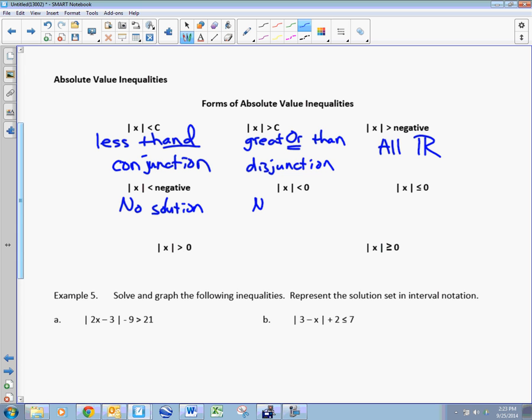No. You just told me an absolute value may not be less than 0. Could an absolute value be equal to 0? Yes. So you may disregard the less than sign and simply focus on absolute value equal to 0. One solution.